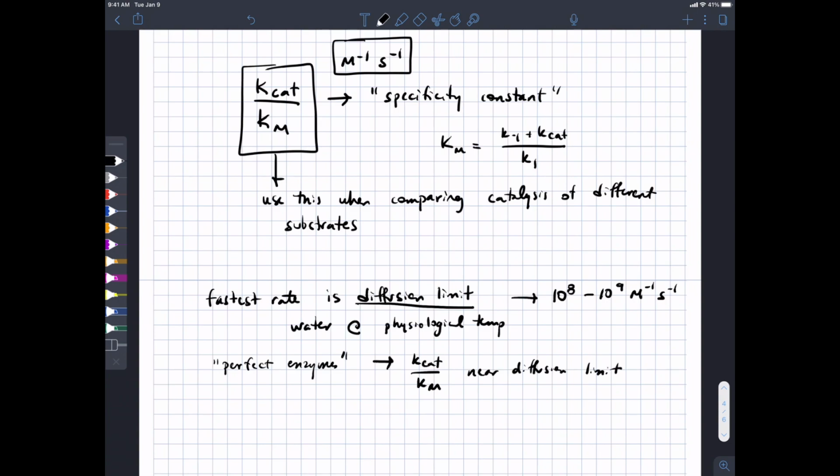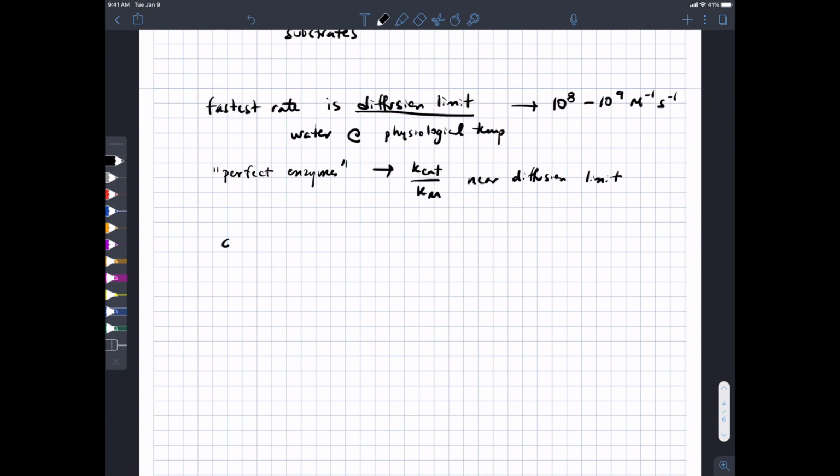All right, so some examples of nearly perfect enzymes are an enzyme called carbonic anhydrase. We don't necessarily need to worry about what this does. And then there's another called triose phosphate isomerase, which is involved in glycolysis, and sometimes we call it TIM.